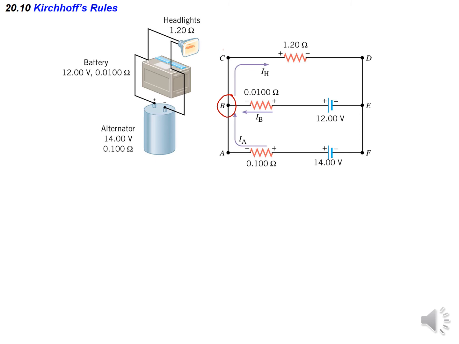So IB and IA are directed in the junction B, so we can use the junction rule here. At junction B, we can compute the total current. The total current is equal to the sum of the current directed in, IA plus IB, equal to the current directed out, IH. So this is the first equation.